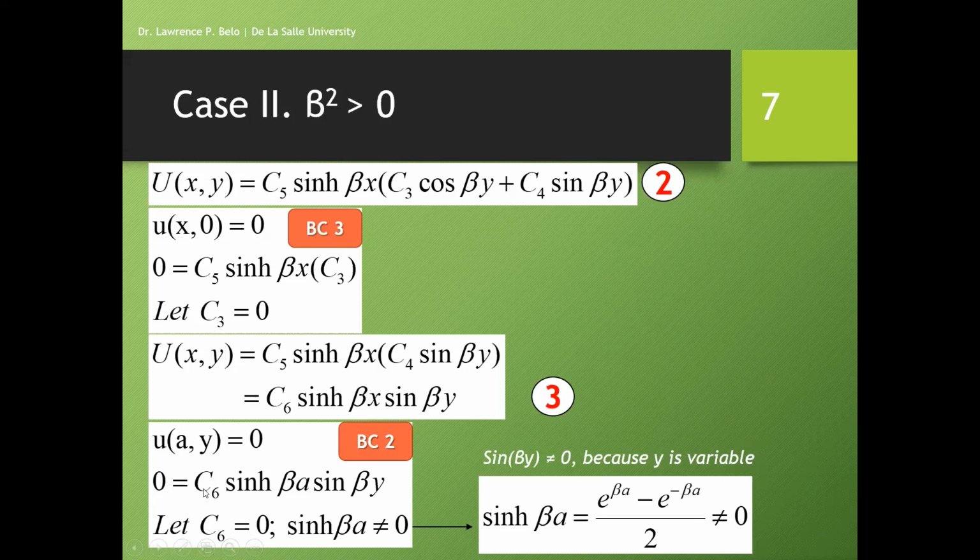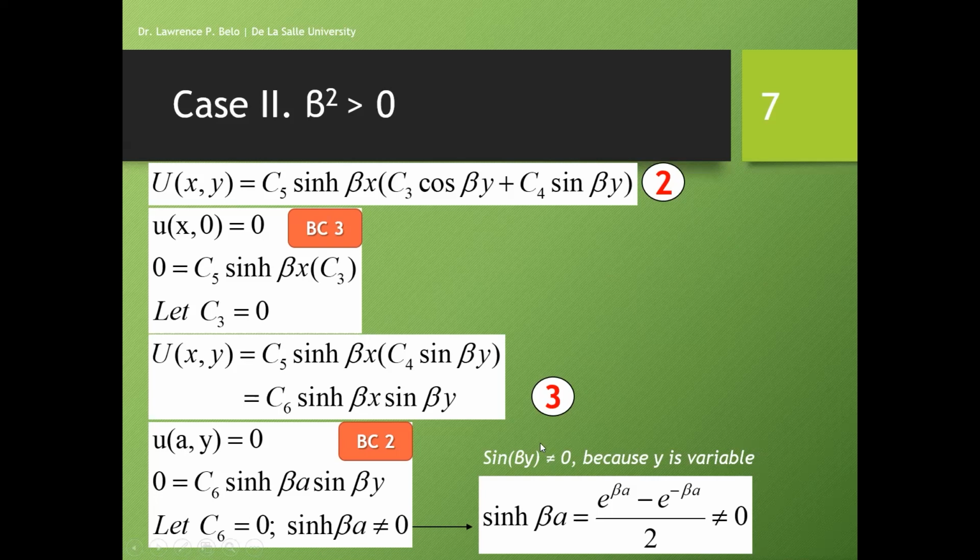Now, in this case, you can see that if we let C6, one constant, be equal to 0, can the other one be made 0? Take note that the hyperbolic sine can never be equal to 0. Why? Because these ones are exponential, and you know that exponentials never become 0.